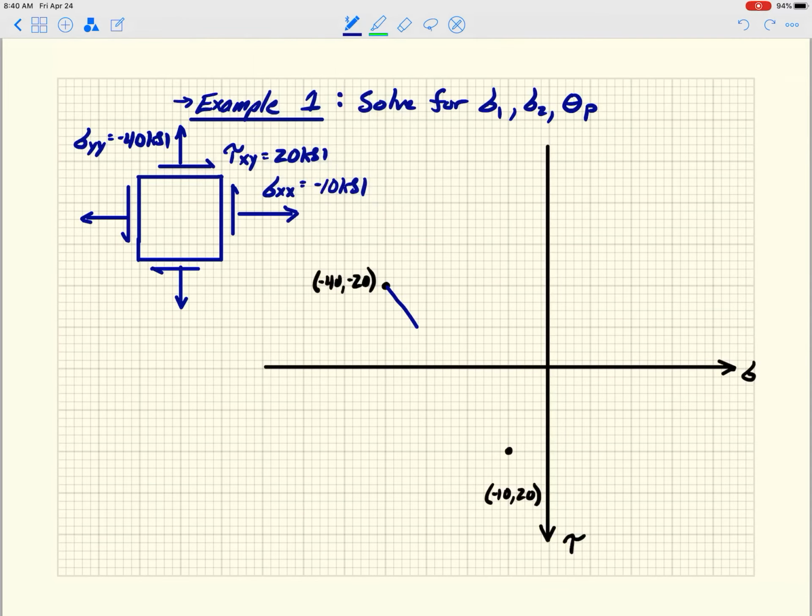Okay, so now let me draw this red line like that. In fact, you know what? Let me do it in blue because that orientation up there is in blue. So that blue line corresponds to the stress that I'm showing in the upper left. And then I'm going to draw this Mohr's circle, and it's going to do something like this.